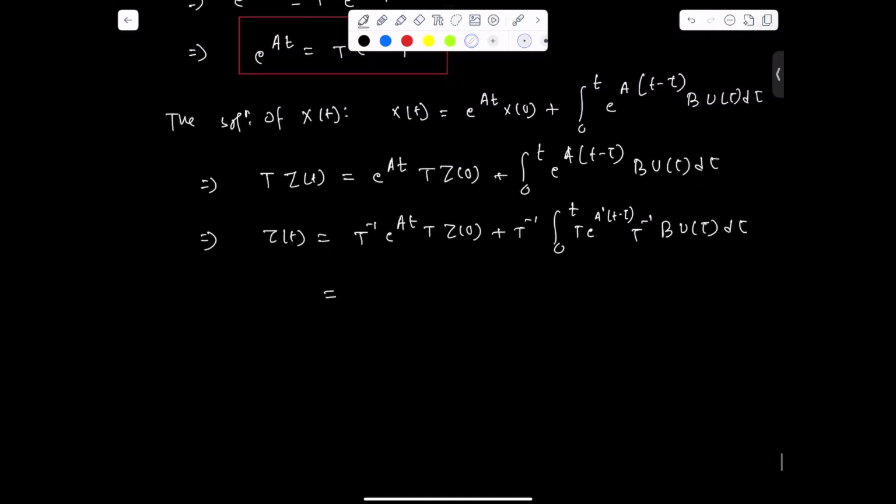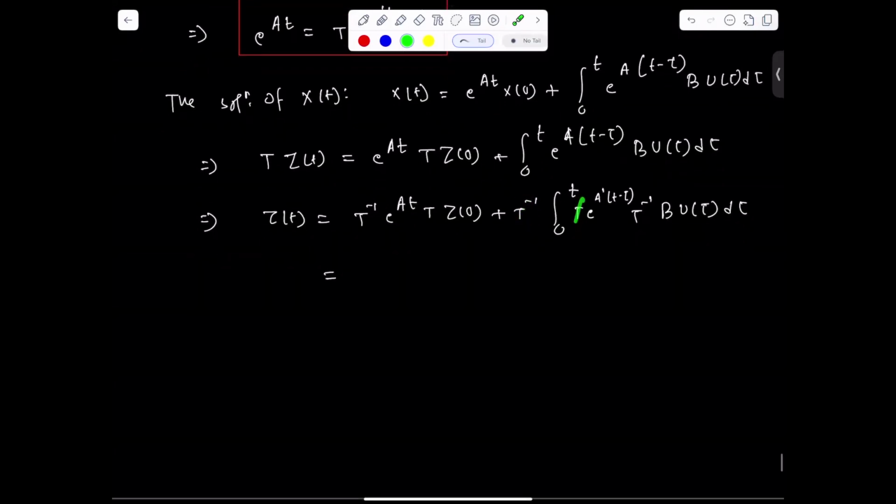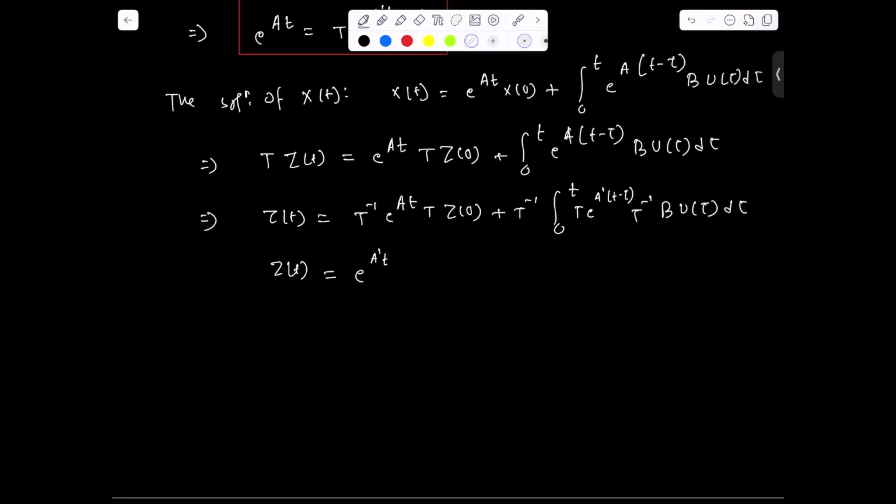Now this T inverse and this T will cancel out, and we can write z t equal to e to the power A dash t z naught plus integral from 0 to t of e to the power A dash (t minus tau) T inverse B u of tau d tau.